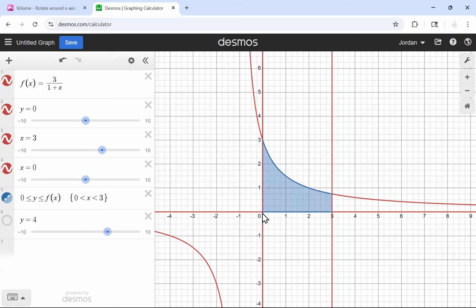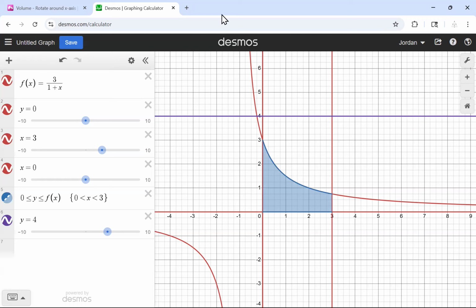It goes from 0 to 3 in terms of x values. The top of the region is the y equals 3 over 1 plus x curve. The bottom of the region is y equals 0. I want to rotate that region around the line y equals 4.